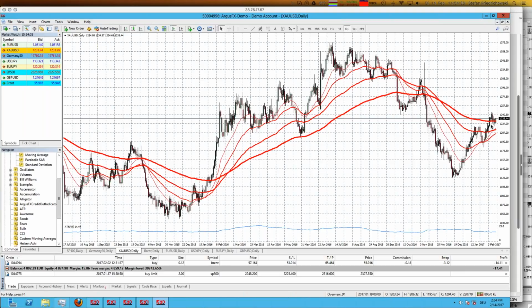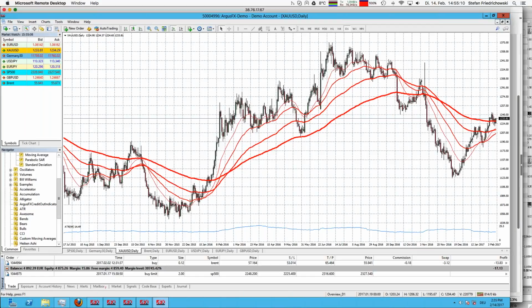But I will not do it right now, since my slowest EMA is nearly horizontal, so I don't have a good indication of what direction I should trade. Let's wait until next week, then make the decision better. But just see how the trade setup works.